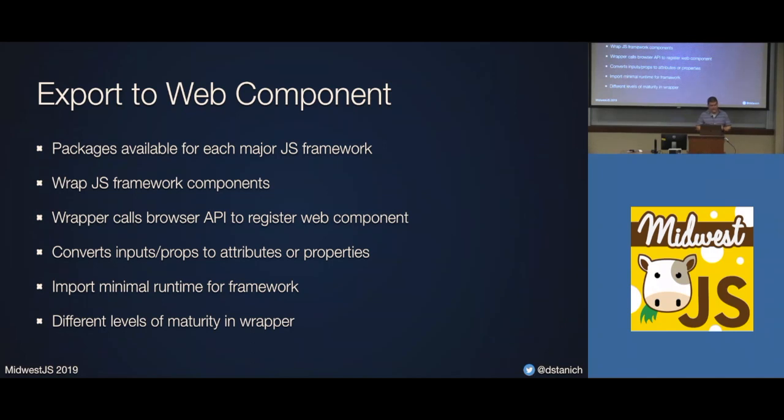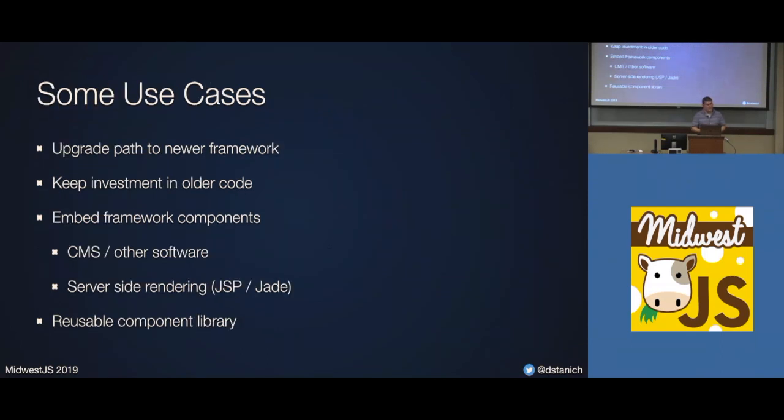It also converts inputs or props to attributes or properties, depending on the wrapper. And there are wildly different levels of maturity in these technologies. We'll see, but Vue by far is the most ready to use this, and the other two are kind of lagging behind. But there are developments all the time.